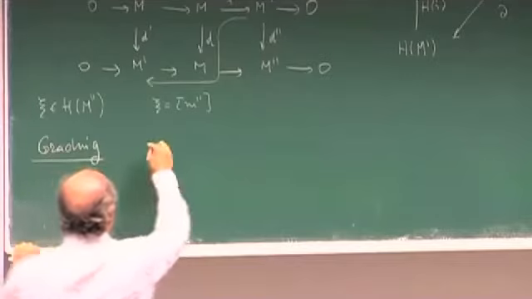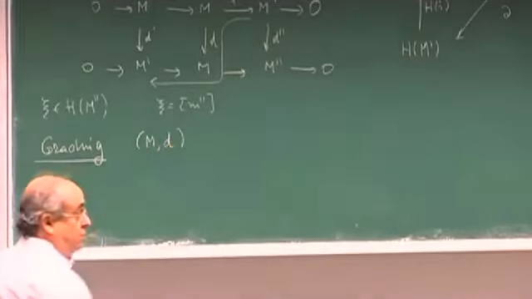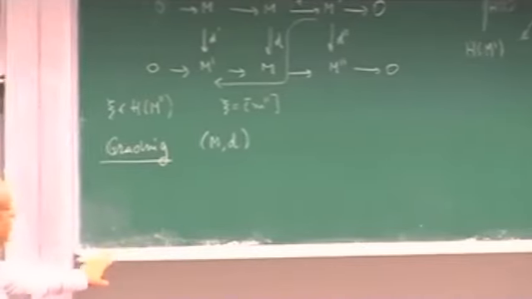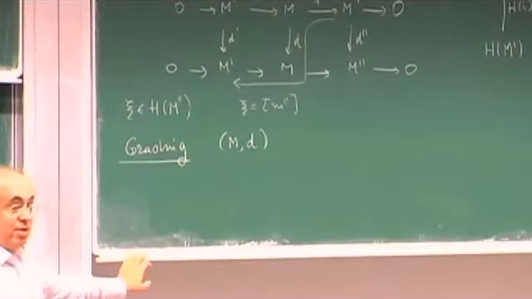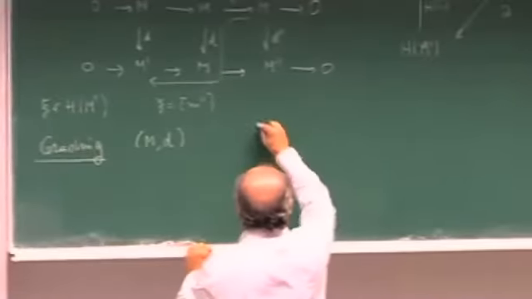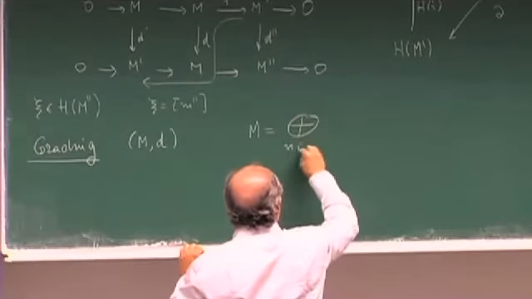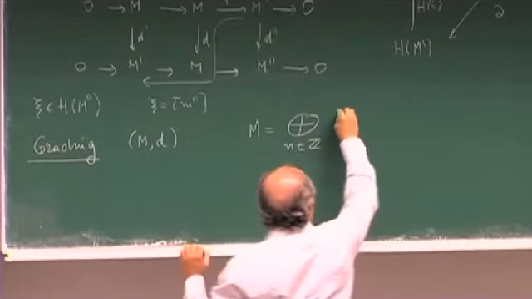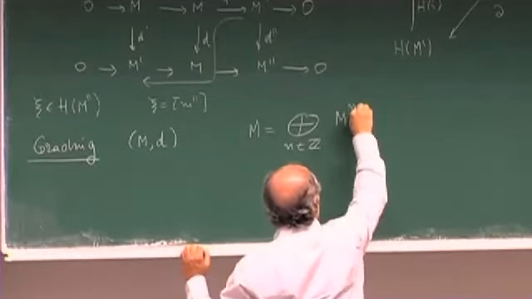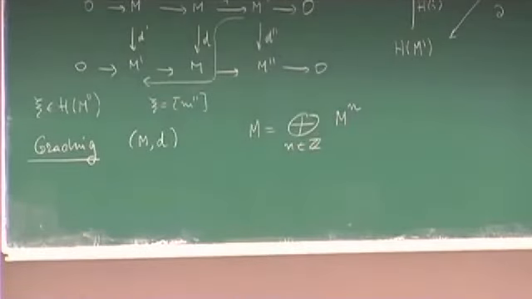So this means that, for instance, when we consider a differential module, we assume that actually M is a graded module. For instance, graded over the integers, namely it is a direct sum of summands labeled by the integers.